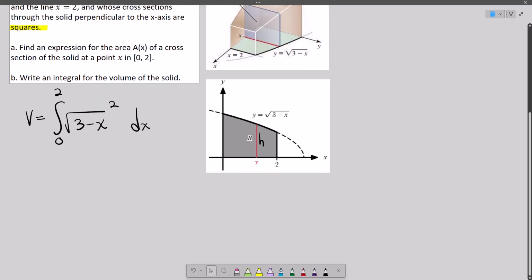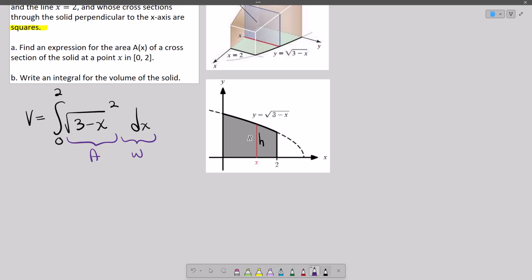So now we have an area function. That's our cross-sectional area function. And if we integrate the cross-sectional area function, we will get volume. You can think of this as area, this as the thickness or the width. That's going to multiply together to give you the volume of a slice. And then we add all those up and get the total volume.